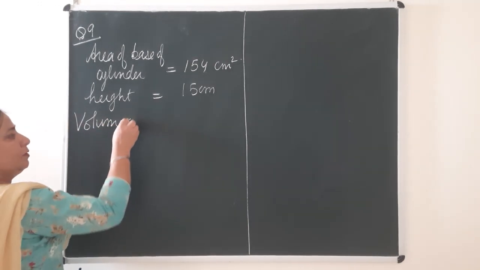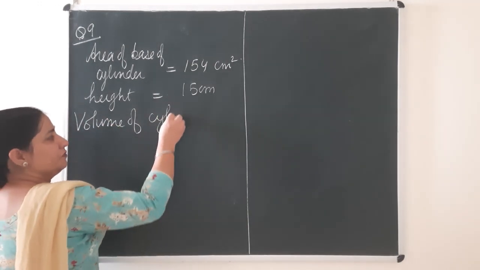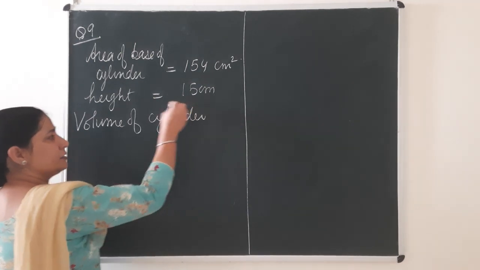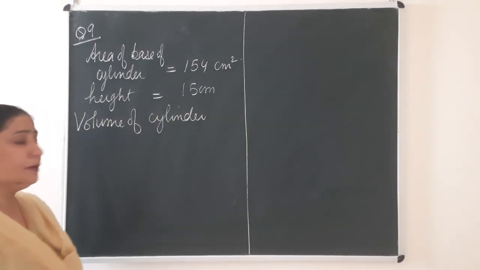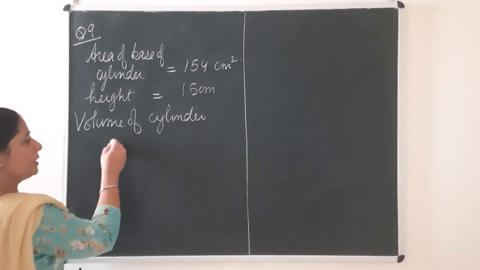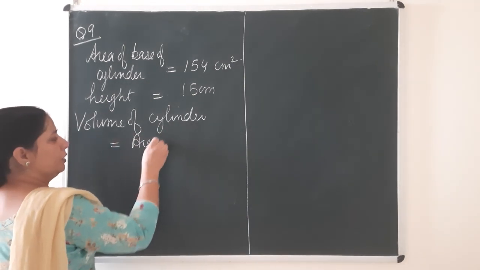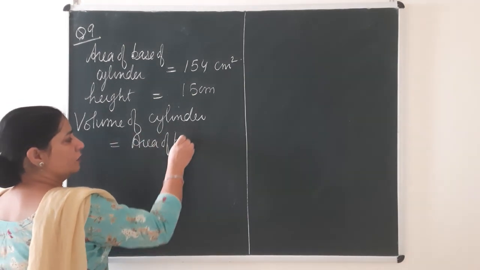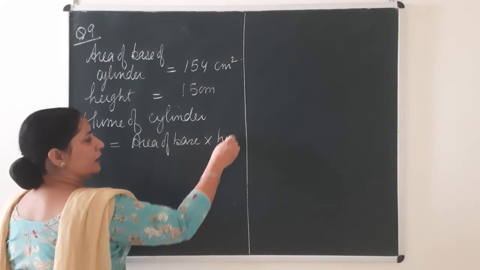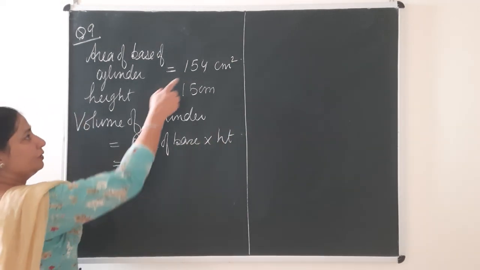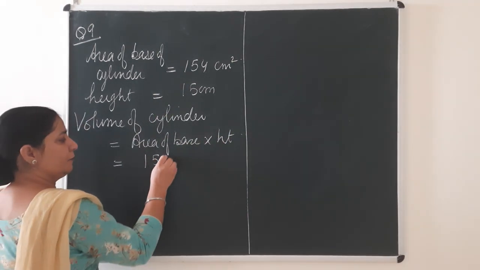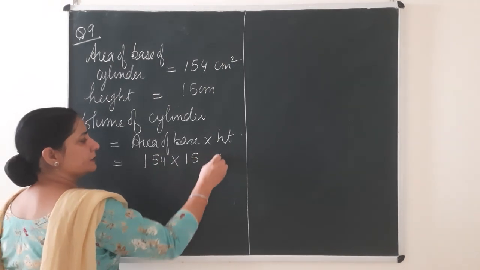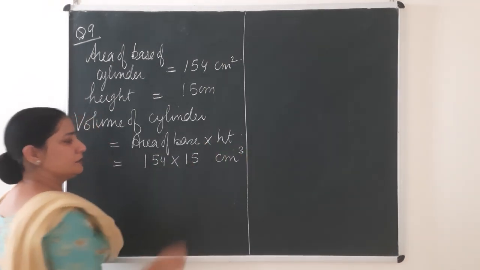So what is the volume of the cylinder? If we see the first video, the starting introduction of the chapter, the volume of the cylinder as we introduced was equal to the area of the base multiplied by the height. Now what is the area of the base, beta? That is 154 multiplied by height, that is 15 centimeter cube.